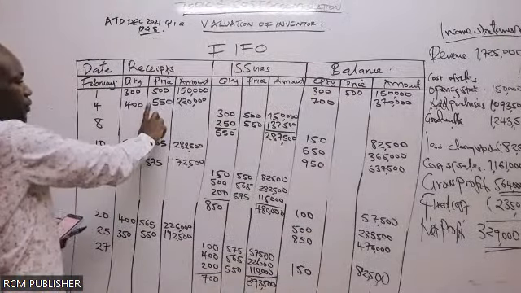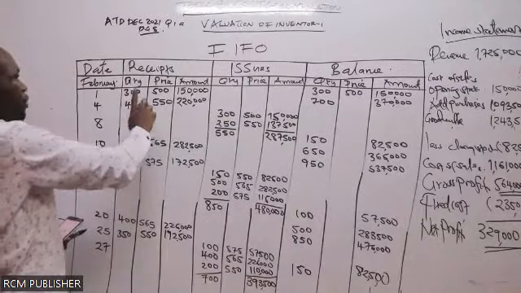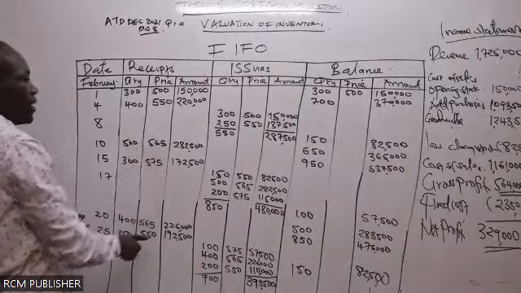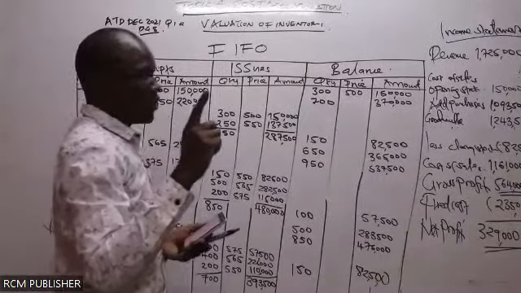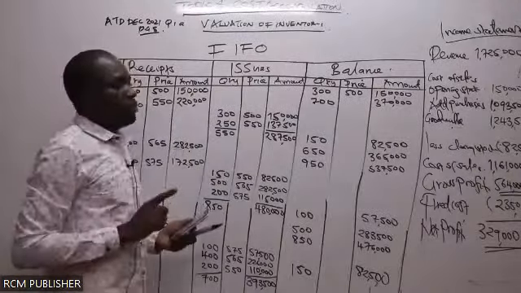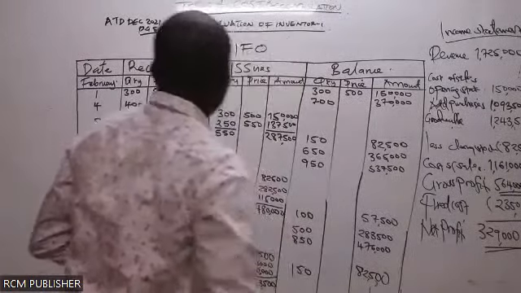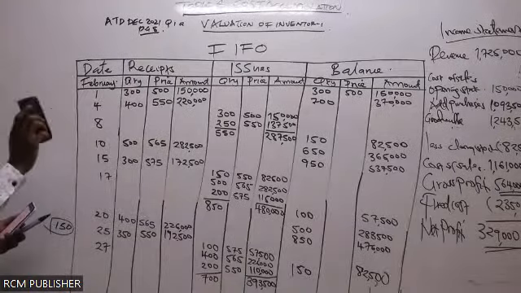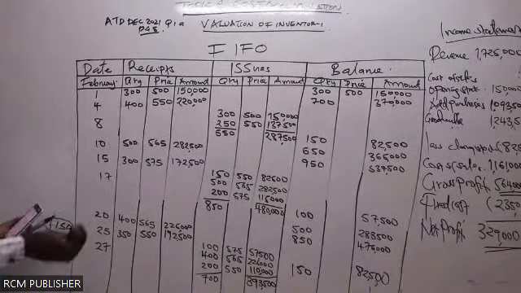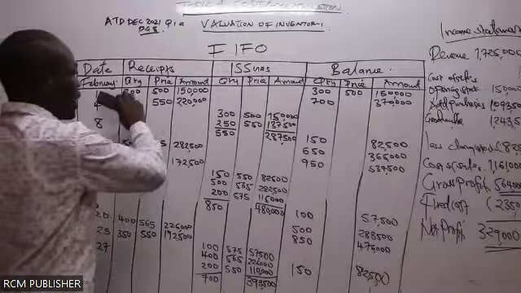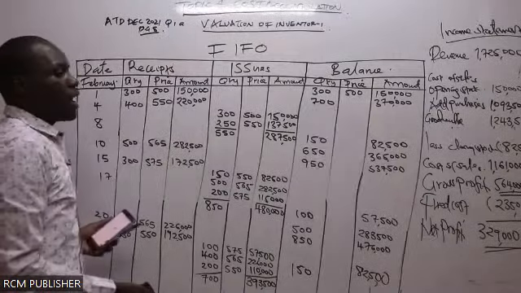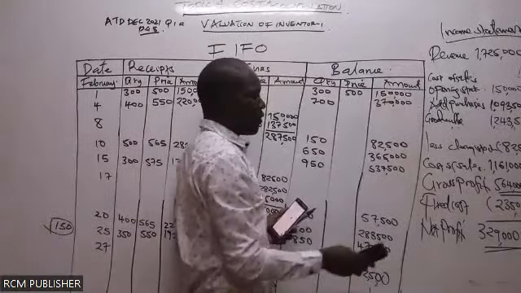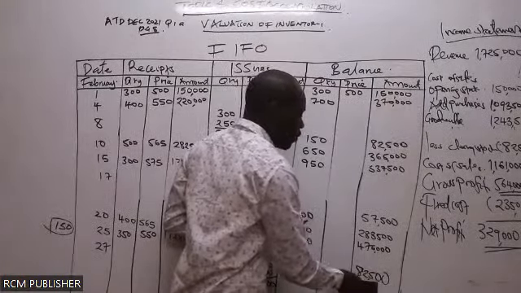Even before we move to that, we can use the same illustration to work out LIFO, because I have not been able to get a past paper question tackling LIFO. If we use this information, we'll be able to get the same. I want us to prepare this using LIFO and see the effect of using LIFO, one, on the value of closing inventory.